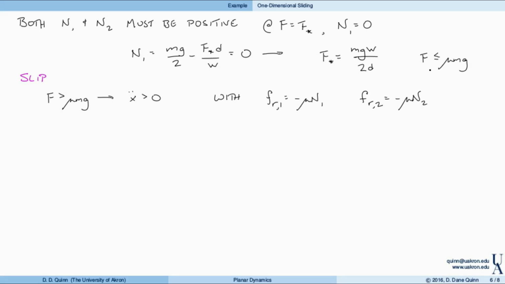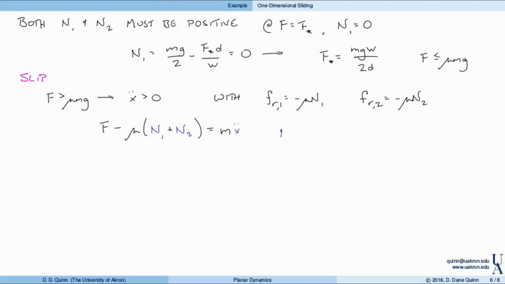So with this, we can write our equations of motion, and we had three, two from linear momentum balance, one from angular momentum balance. As before, I'm going to write the unknowns in blue. F minus mu times N1 plus N2 equals m times x double dot.